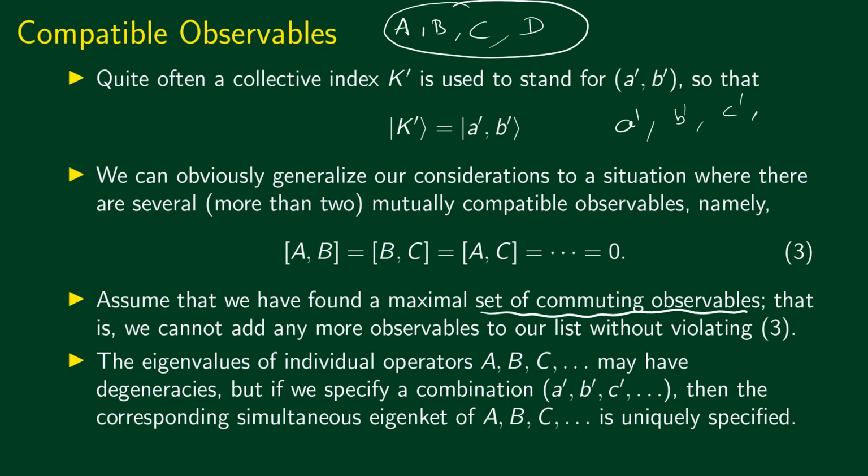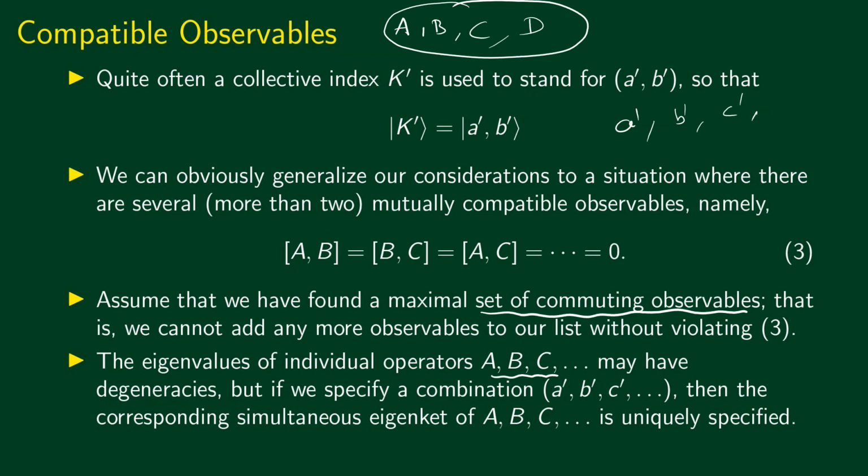We can continue this until the state is uniquely specified. So the eigenvalues of individual operators A, B, and C may have degeneracies, but if we specify a combination A prime, B prime, C prime, then the corresponding simultaneous eigenket of A, B, C is uniquely specified.